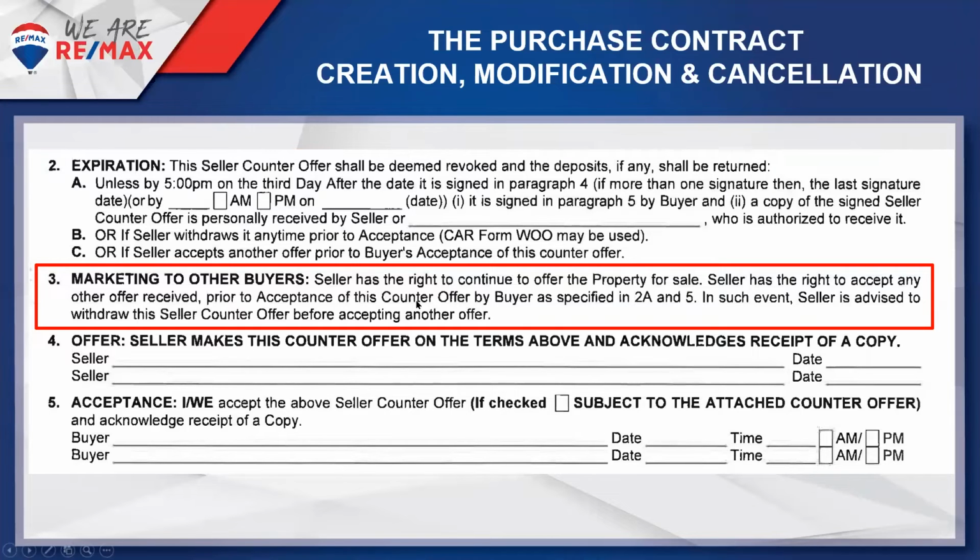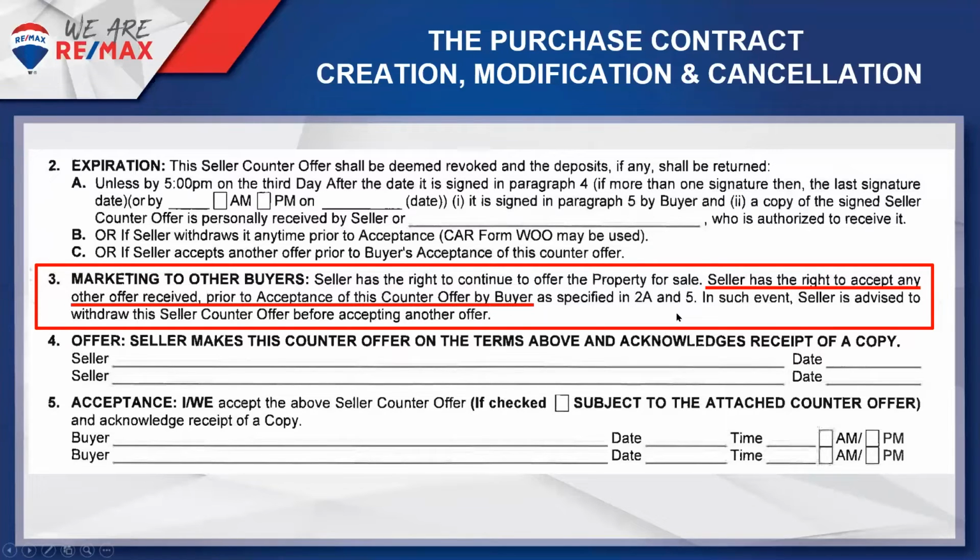Marketing to other buyers. Buyers sometimes don't understand this. Buyers think that once they've got an offer, a counteroffer out there, as long as this is all in negotiation, the seller sort of has to deal with them in order as they come in, so to speak. And that's not true. So the seller has the right to continue to offer the property for sale and to accept any other offer received prior to acceptance of this counteroffer by the buyer.